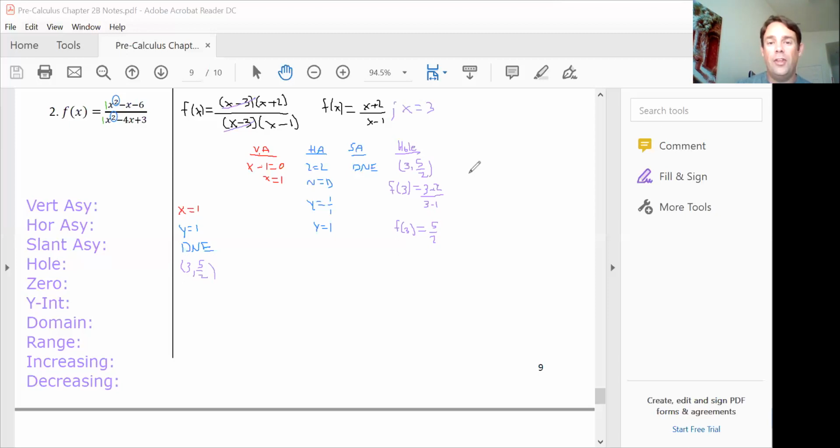Got to get the zeros now. That'll be the numerator. So I have x plus 2 in the numerator. So x equals negative 2. So I have an x-intercept at negative 2, 0.